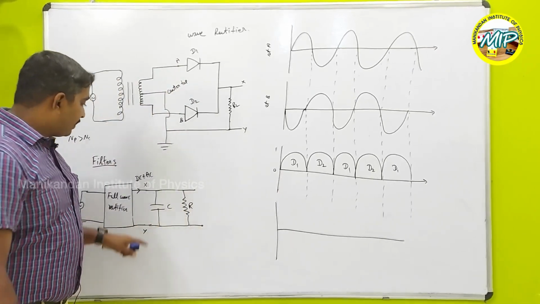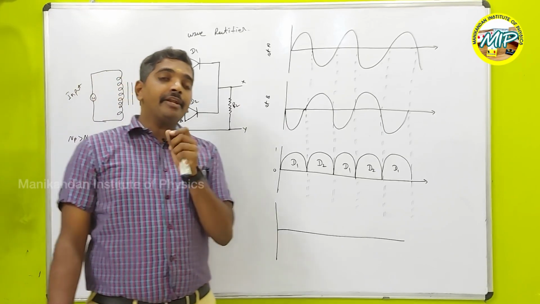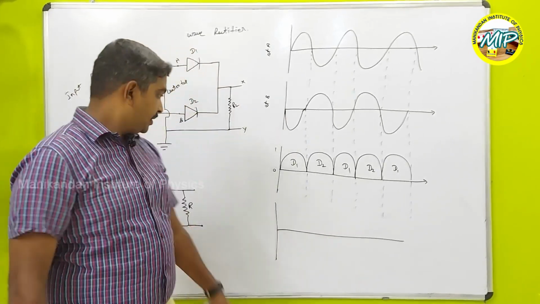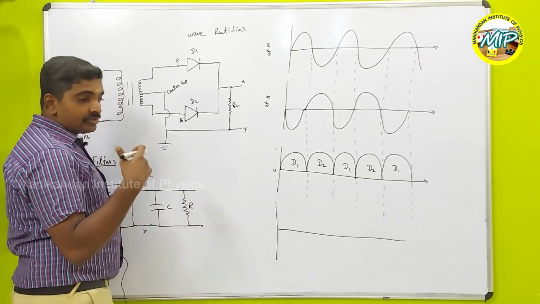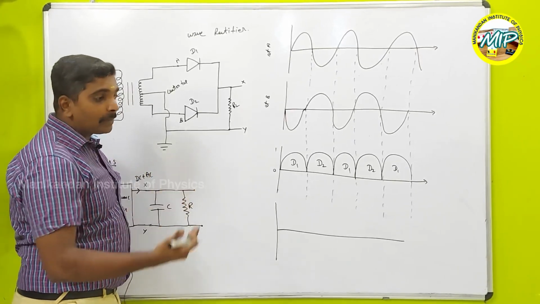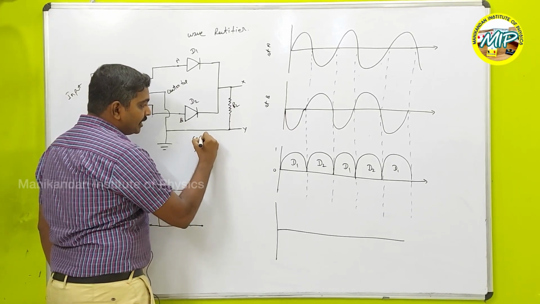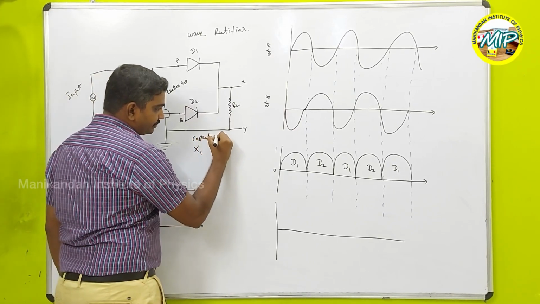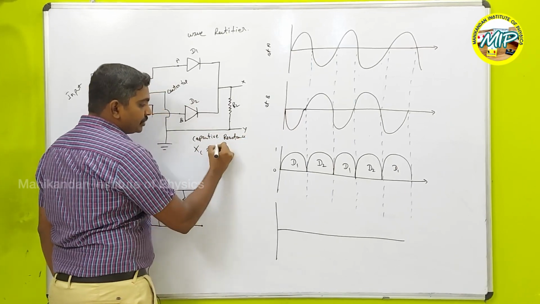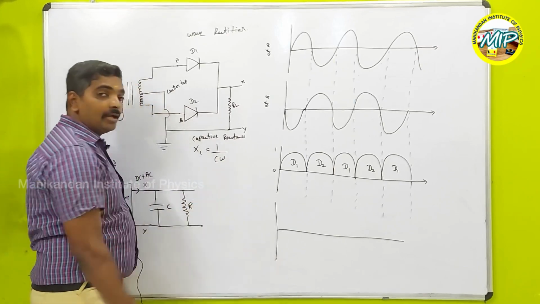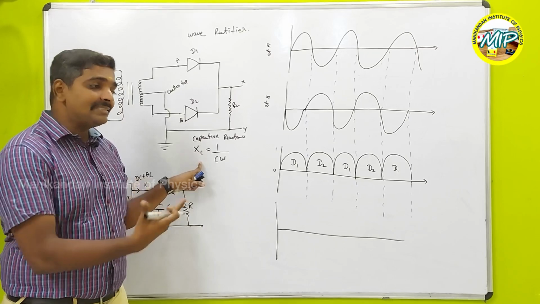So what's happening here? My capacitor offers infinite resistance for direct current. How is it? In capacitors, when you are sending AC to the capacitor, we have a resistance called capacitive reactance, Xc equals 1 by C omega. 1 by C omega acts as a resistance, right?